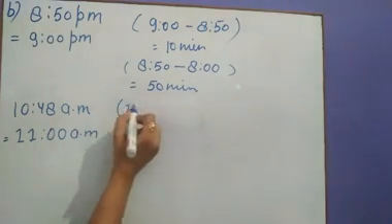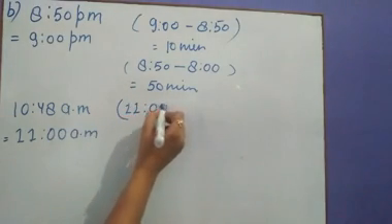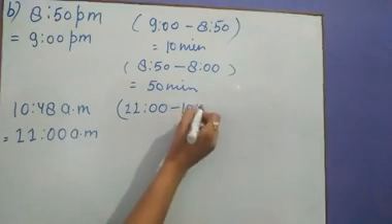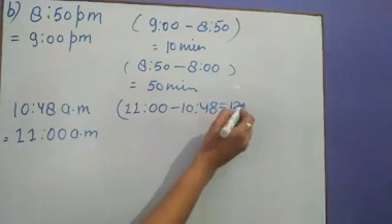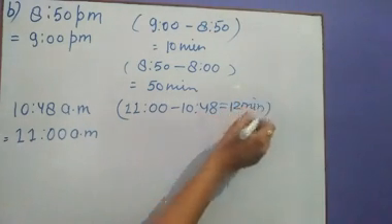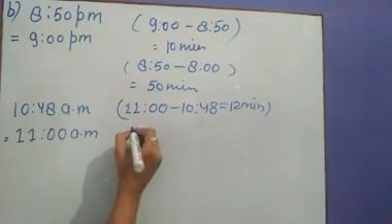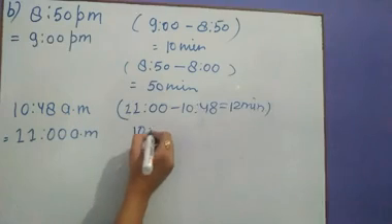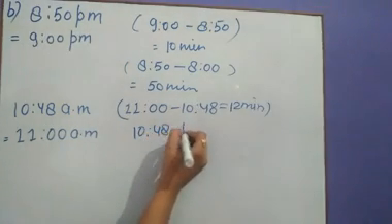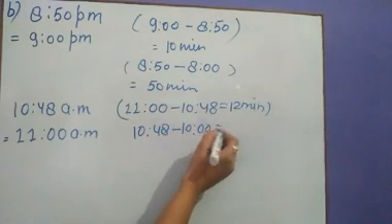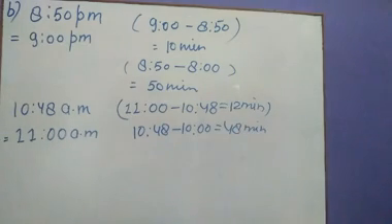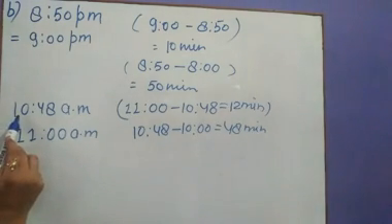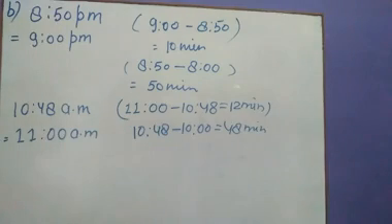But the difference between 11 hours and 10 hours 48 minutes is equal to 12 minutes. Okay? And the difference between 10 hours 48 minutes and 10 hours is 48 minutes. Okay? That's why 10 hours 48 minutes will be rounded up to 11 hours.